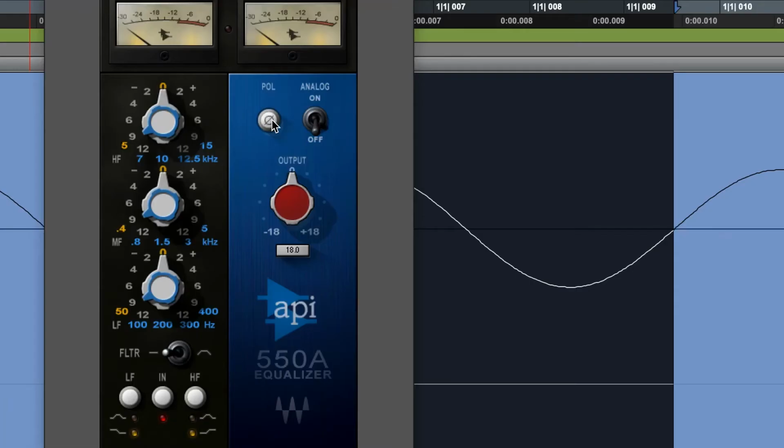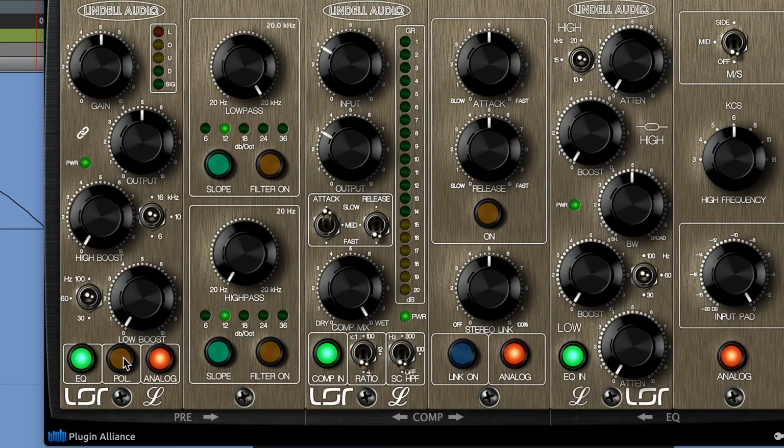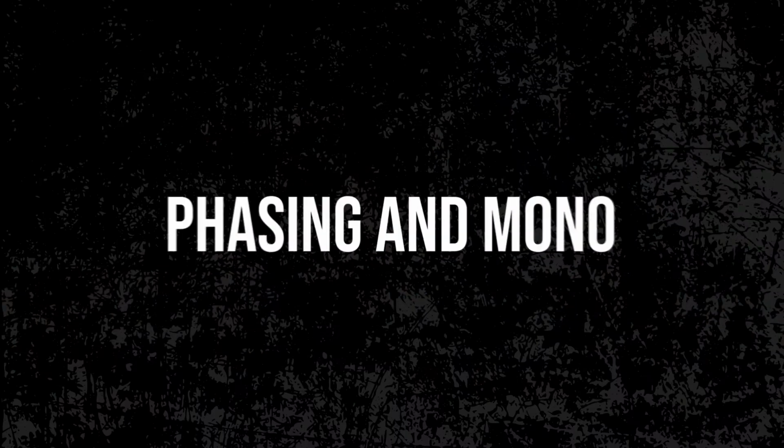For this reason, EQs oftentimes have a phase flip button on them. So as you go on processing your tracks, flipping the phase once in a while might come in handy, especially if you're doing heavy processing.